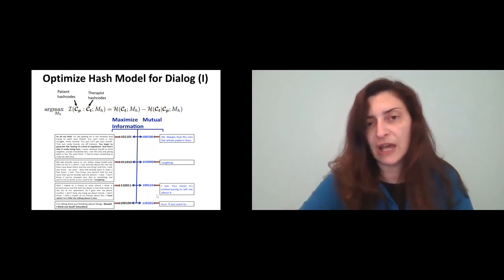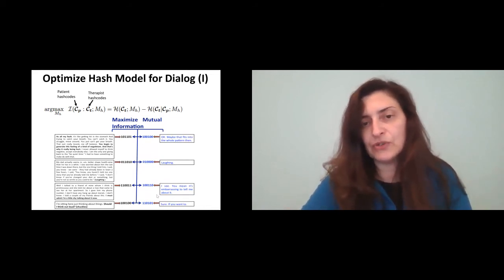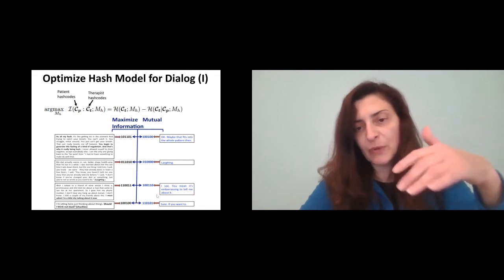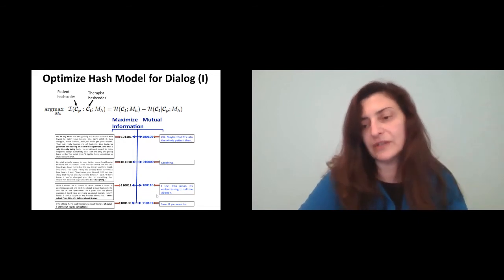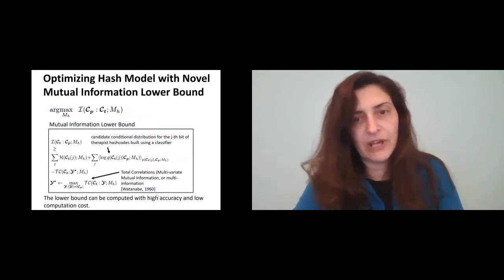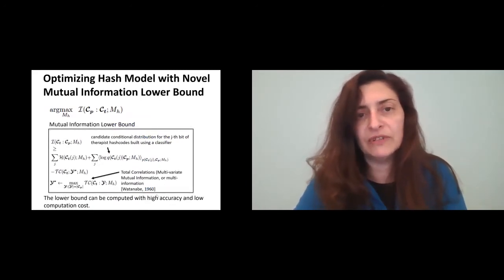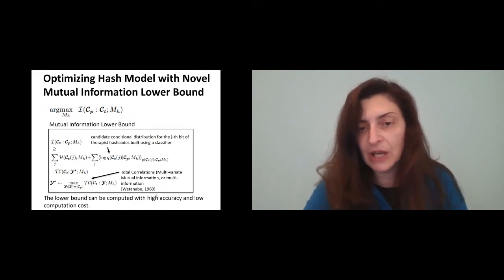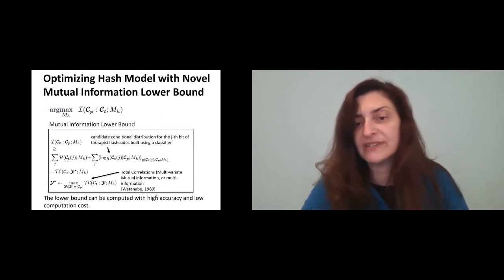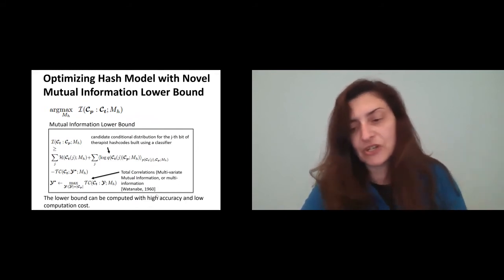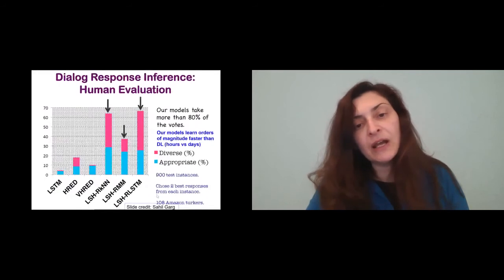And once you do that, at test time, you just use the encoding of the text into those binary vectors and perform prediction of the response given the utterance of the first person. I don't have much time to go into detail of the mutual information lower bound, but it involves the notion of total correlation, or multivariate mutual information, and details for the derivation are in the paper.